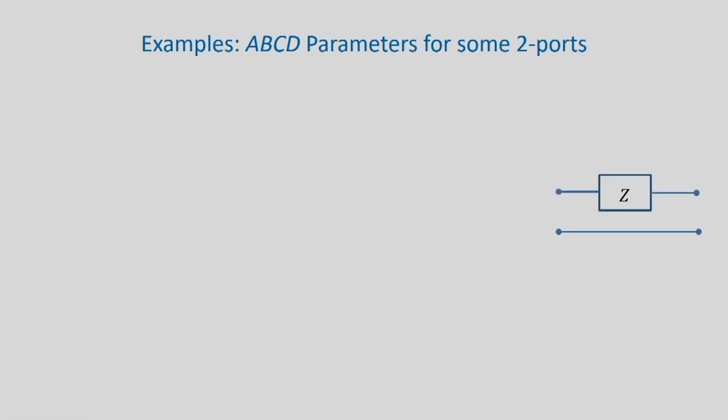Now, let us see how we can evaluate these ABCD parameters for some simple 2 port network.